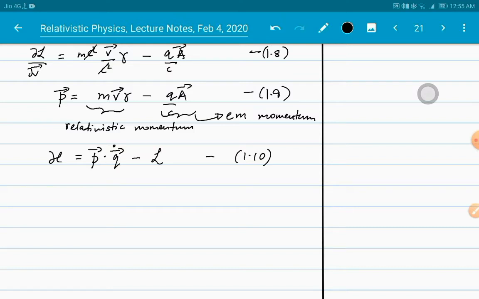So in our case, the canonical variable q is simply the spatial position of the particle, and so this just becomes p dot v minus L. And what is p dot v? We can see that that is equal to m gamma v square minus q by c A dot v. And what is L?